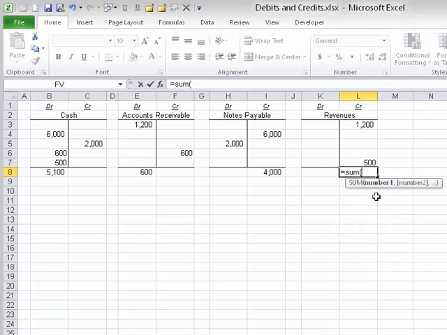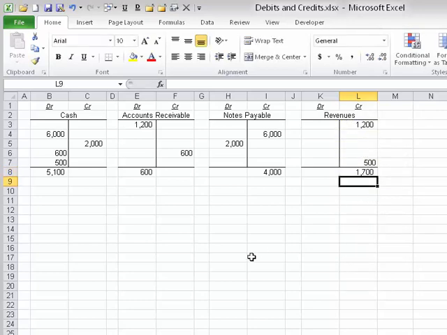So if I sum that, I get $1,700. Well, let's make sure our assets equal our liabilities plus equity, and let's also make sure our debits equal our credits. Okay?